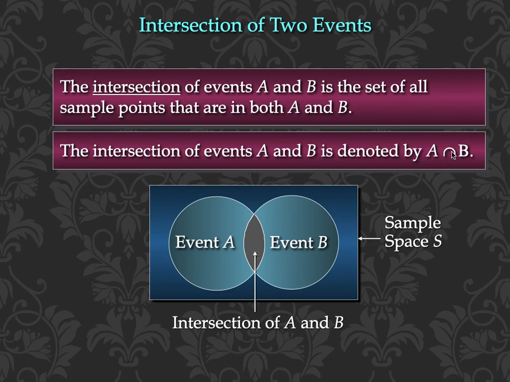It's just the inverted notation of what we indicated for the union of two events earlier. So in this case, if this is event A and this is event B, the intersection of A and B is represented in the region where the two circles overlap. So this contains all outcomes or elements that are found in event A and B at the same time, common to both of them.